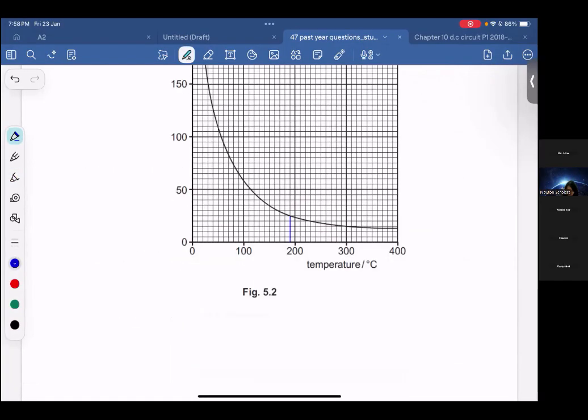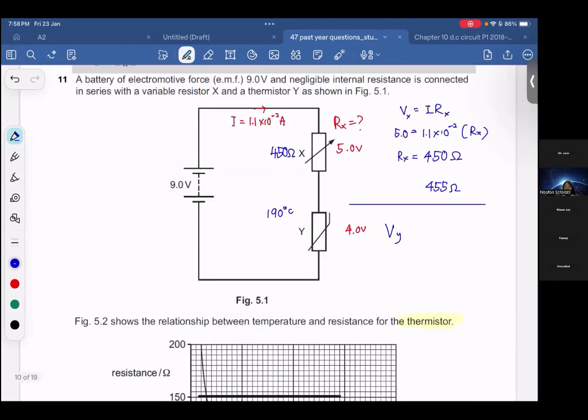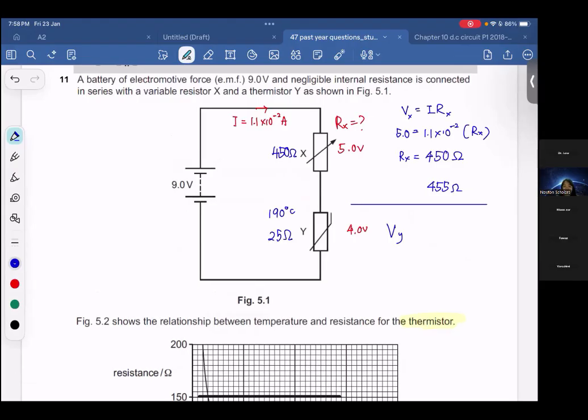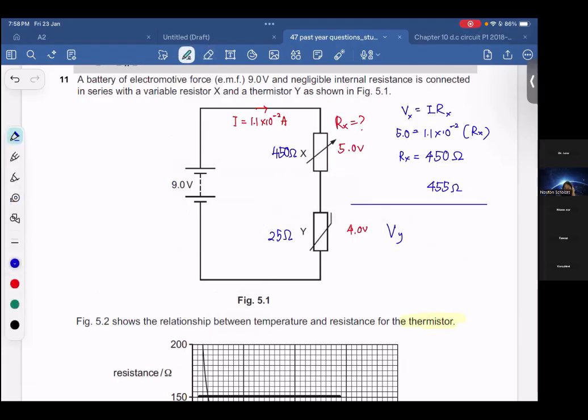The graph must give some information. So at here, this one is 25 ohm. Until here, do you have an idea how to find the voltage Y? Do you know what is the voltage across 25 ohm?